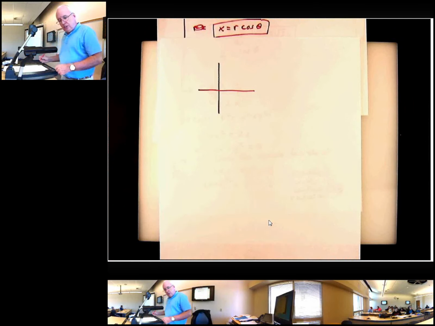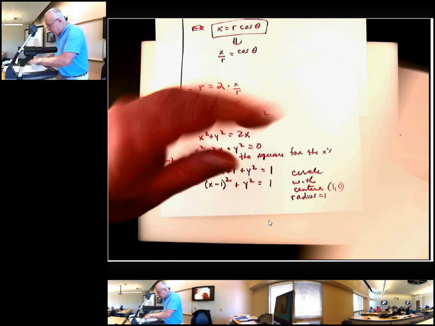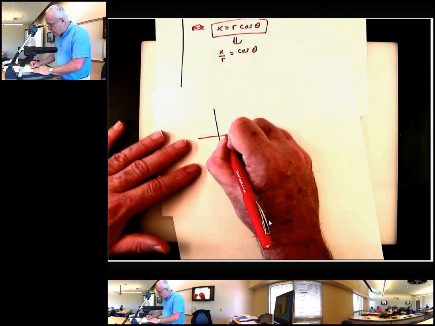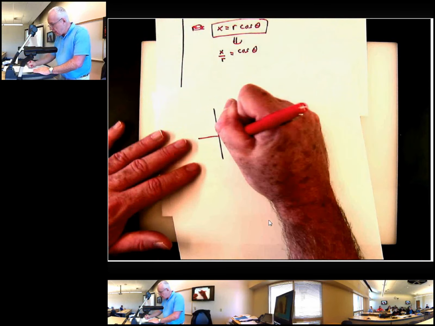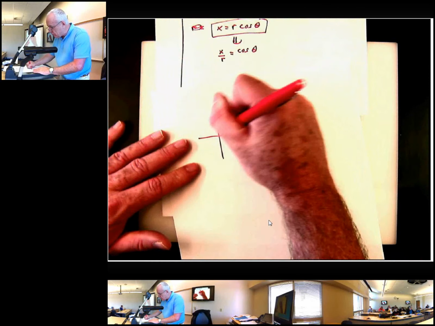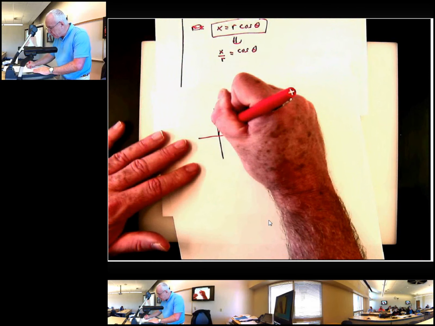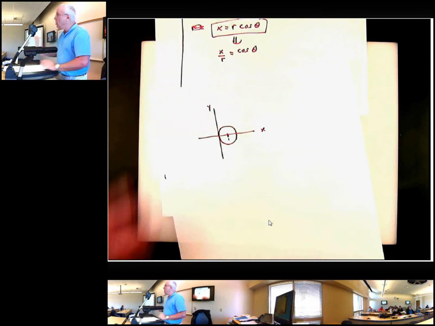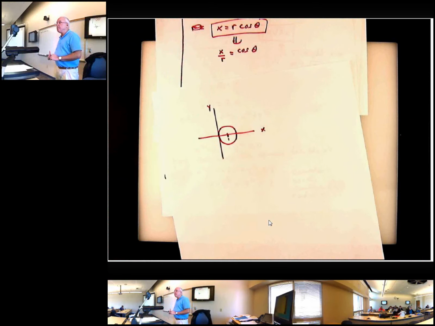But just with this, the circle of radius 1 has center 1, 0. So here's 1, 0 right here, and with radius 1, it's going to be a circle like this in our x and y plane. Okay, we'll continue with that the next time.